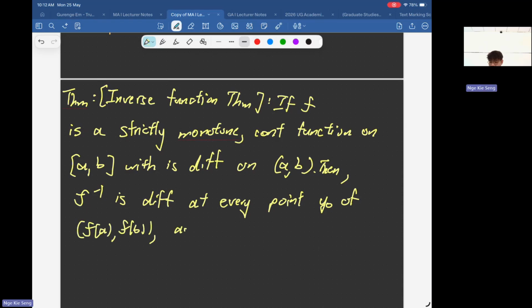Moreover, the derivative of f inverse is pretty nice.